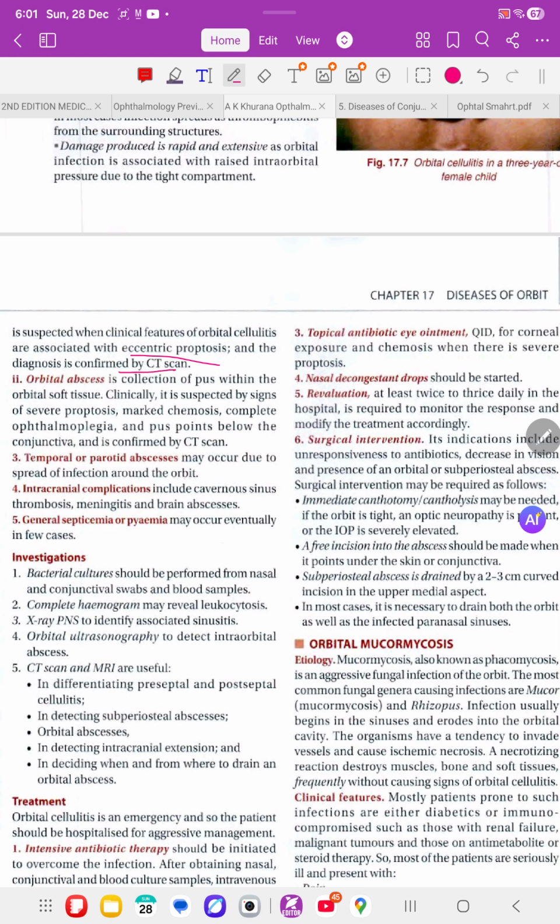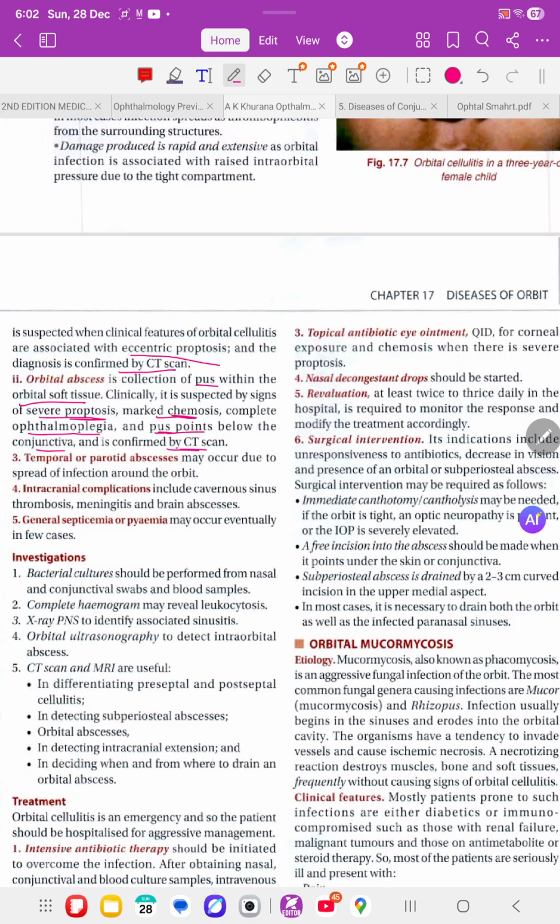Orbital abscess is a collection of pus within the orbital soft tissue. It is suspected by signs of severe proptosis, marked chemosis, complete ophthalmoplegia, and pus points below the conjunctiva, and is confirmed by CT.